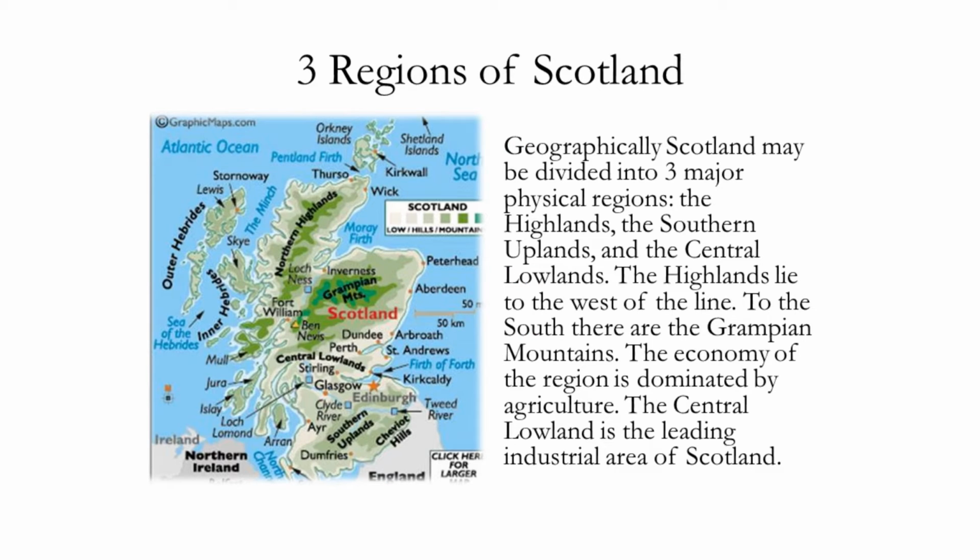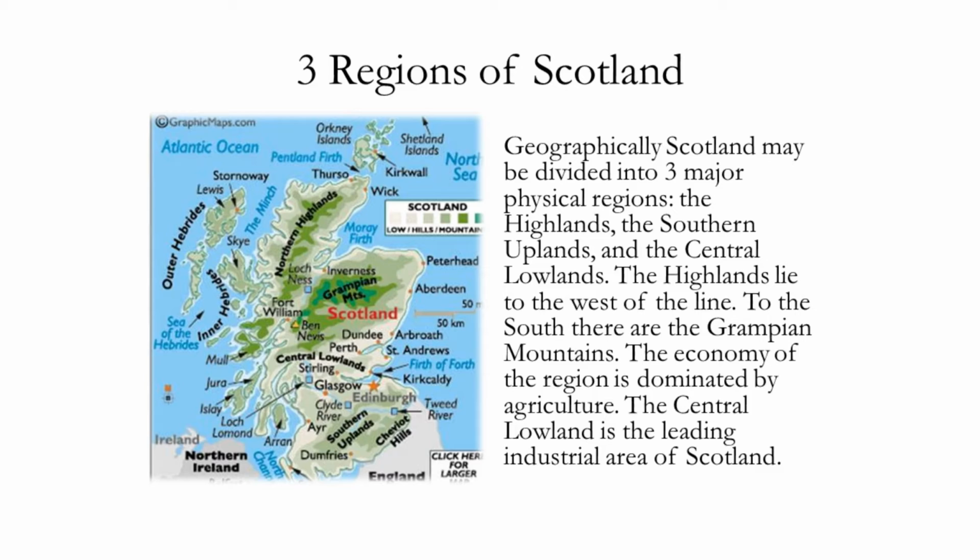Geographically, Scotland may be divided into three major physical regions: the Highlands, the Southern Uplands, and the Central Lowlands. The Highlands lie to the west of the line. To the south, there are the Grampian Mountains. The economy of the region is dominated by agriculture.